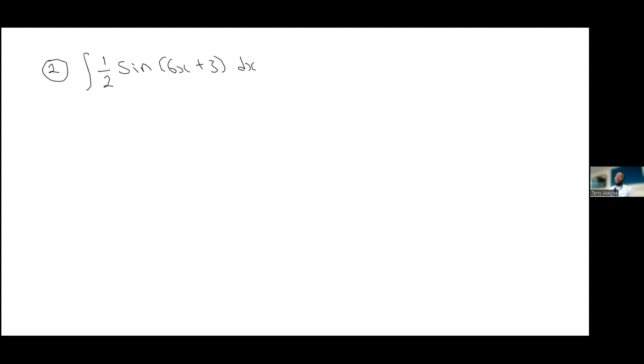So like I always say, when you have a constant, you bring out the constant before you start to integrate. So we have sine 6x plus 3 with respect to dx. So the first step, step 1, the trig function we have here is sine. When you integrate sine, what will it give you? So remember, it's sine, cosine, minus cosine.